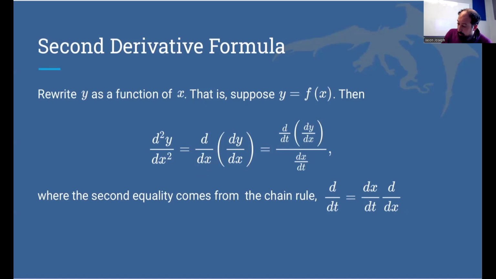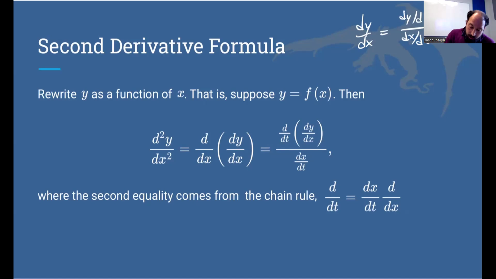The way that I like to explain this is what we learned on the last slide was that dy dx is equal to dy dt over dx dt. And this is true for any differentiable function y.